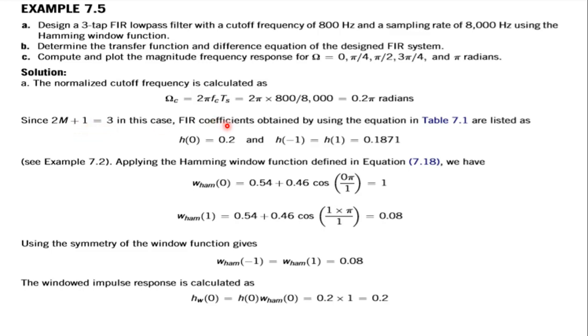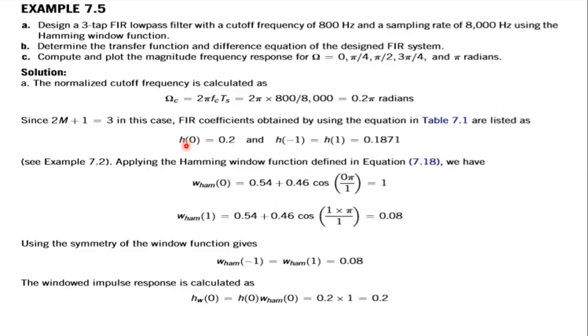The next step that we have to do is to calculate the impulse response. How can we calculate the impulse response? By varying the value of n, for n equals 0 and for n not equal to 0. We will use this formula for the low pass filter. When n is equal to 0, we will use the cutoff frequency divided by pi to calculate the impulse response, and when n is not equal to 0, that is other than 0, we will use this formula: sin of omega c n divided by n pi.